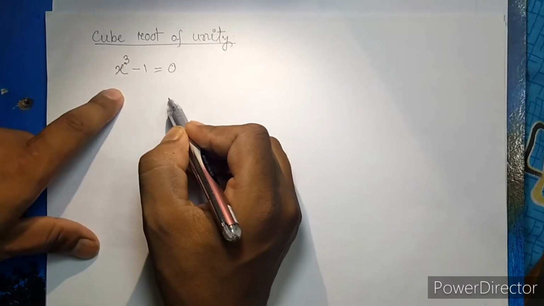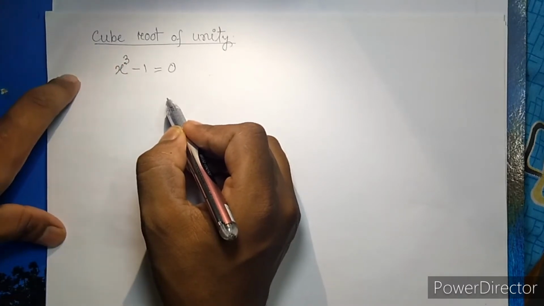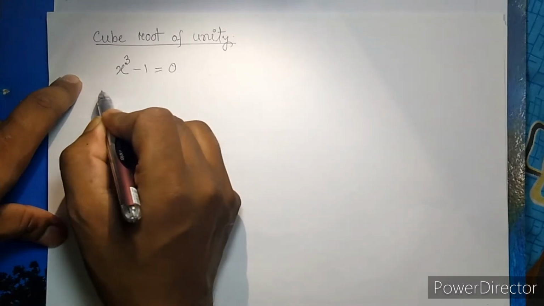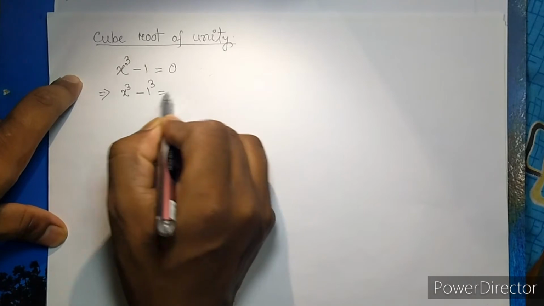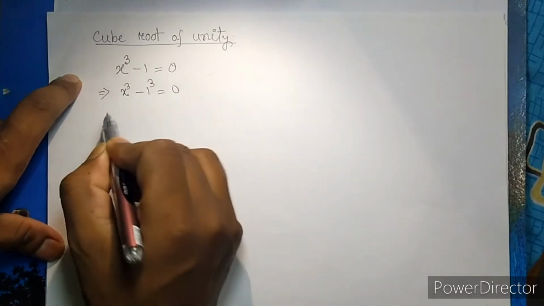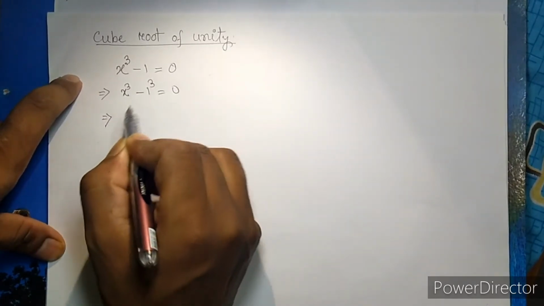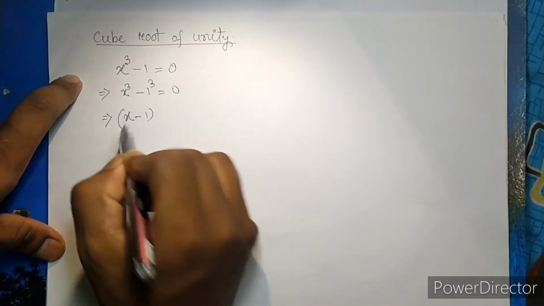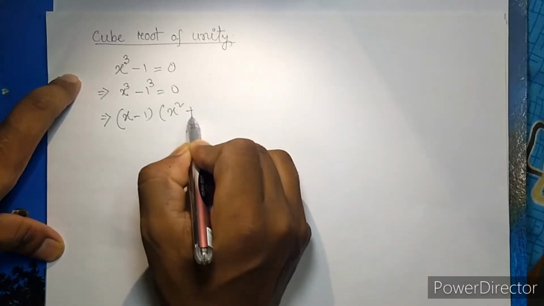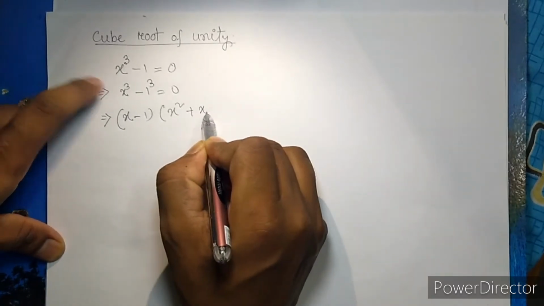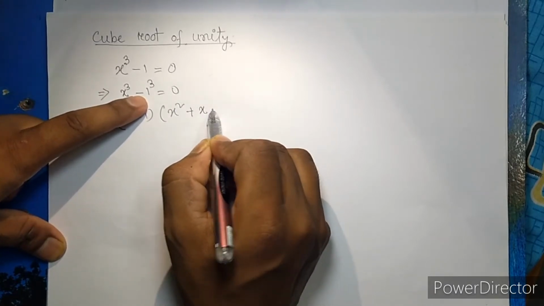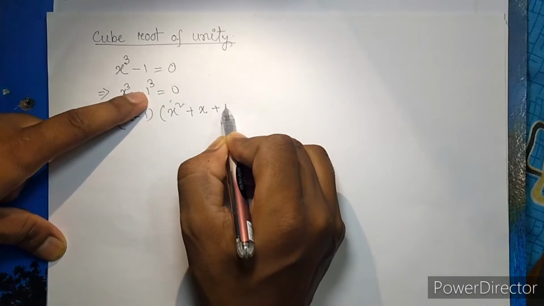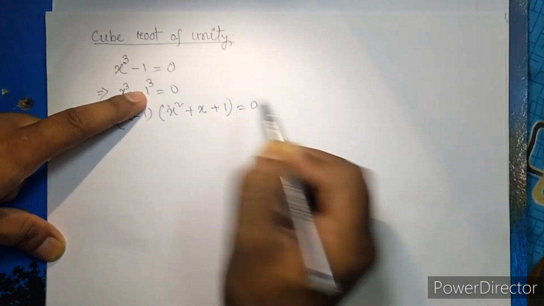Let's find the 3 solutions. So this is of the form x cube minus 1 cube equal to 0, and this can be written using the a cube minus b cube formula: a minus b into a square plus ab plus b square. Here b is 1, so x into 1 is x, then plus b square, 1 square, is equal to 1.